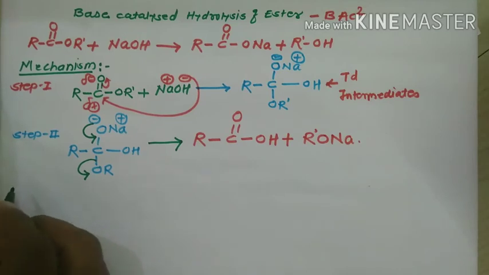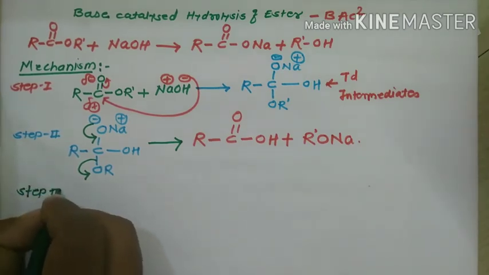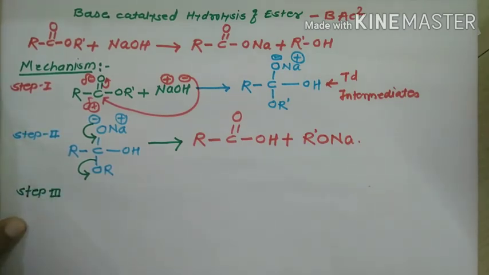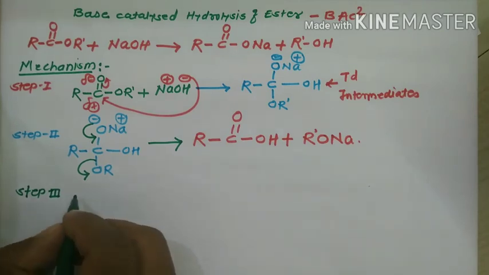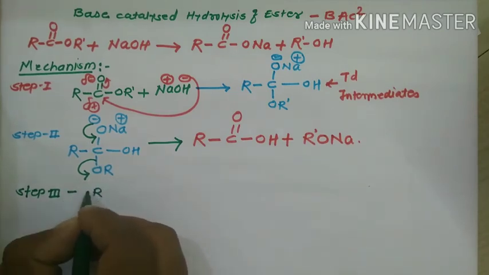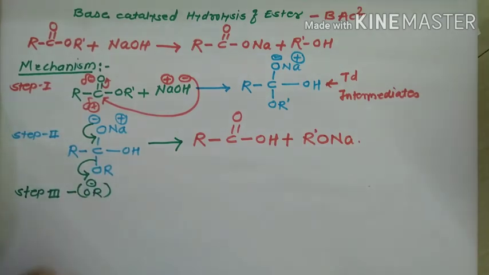Then step third. In step third, the alkoxide ion, that is OR minus, is a highly basic ion, therefore it immediately accepts a proton from the carboxylic acid, that is proton transfer, to form salt molecules. Okay.